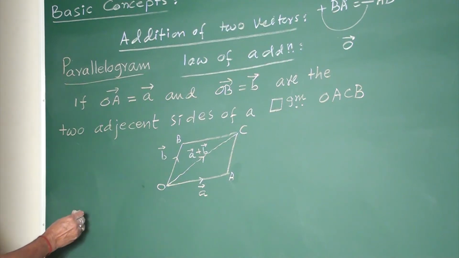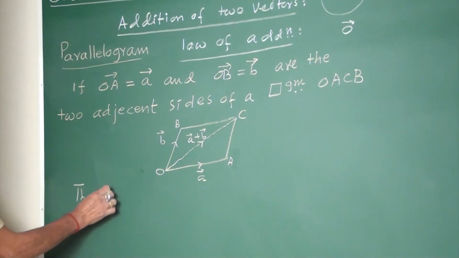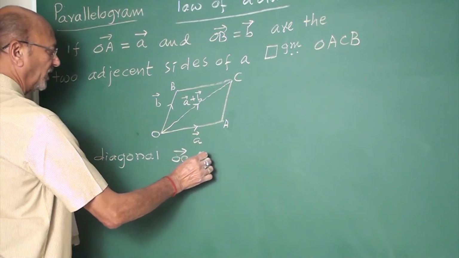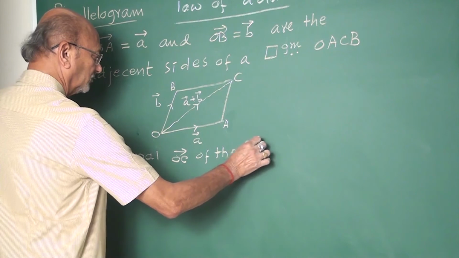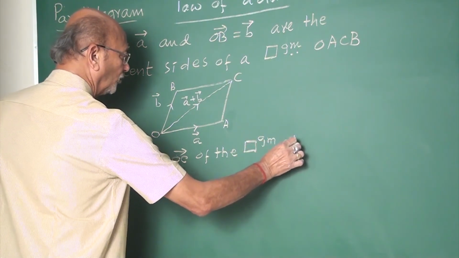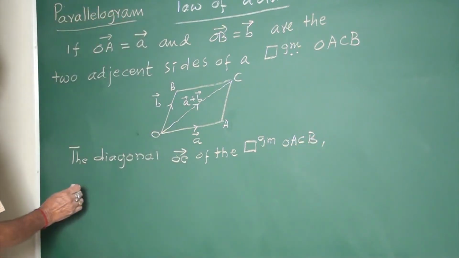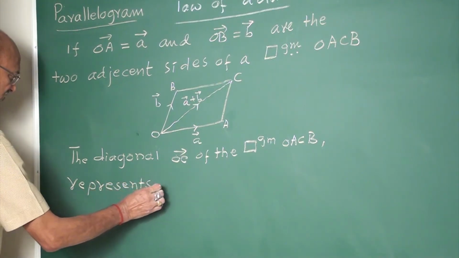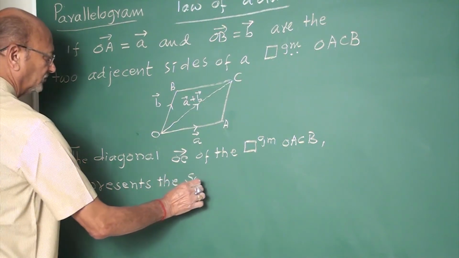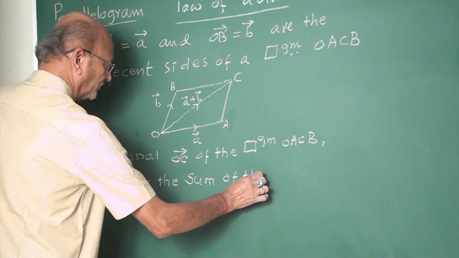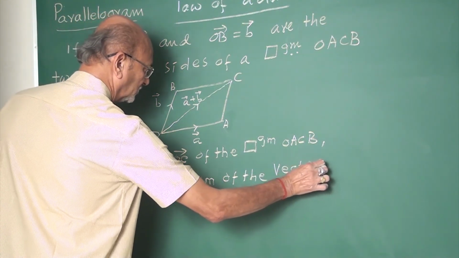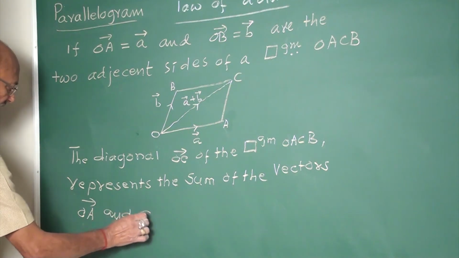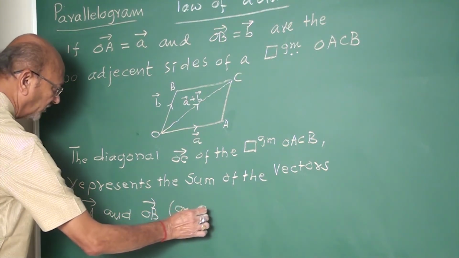Directly I write: the diagonal OC of the parallelogram OACB represents the sum of the vectors OA and OB, or, my friend, vectors A and B.